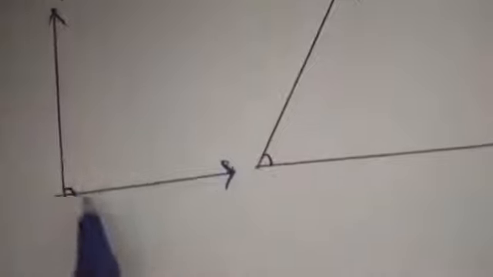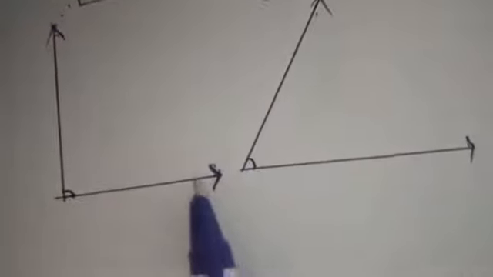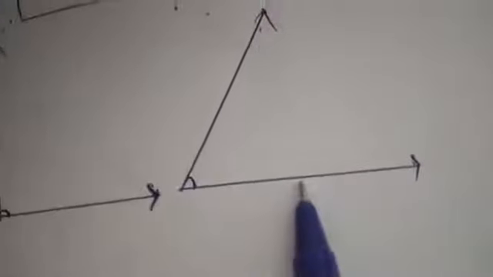This is the shape, right angle. Less than a right angle, acute angle. More than a right angle, this will be like this.